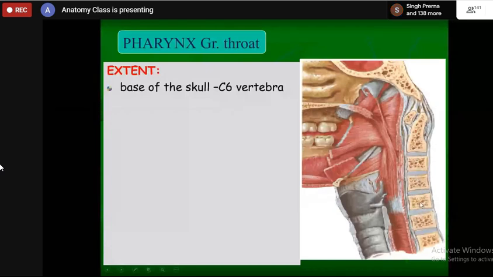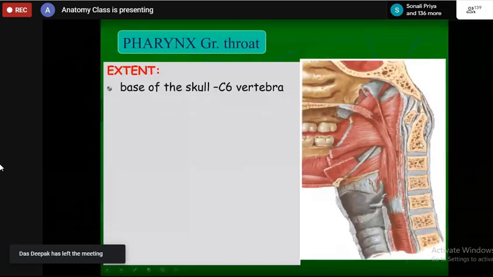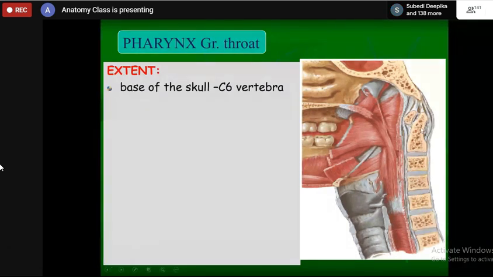The C1 has just the anterior arch and the posterior arch, which is very small in comparison to the other cervical vertebrae. Now, compare the second cervical vertebra with the third one. The other cervical vertebrae are also small in comparison to C2, because C2 has an elongated process that is known as the dens. That's why when you cut C2, you can see an elongated part. So this one is C2.